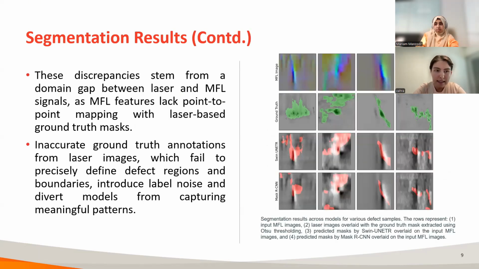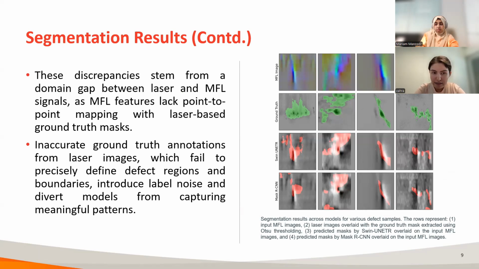Here in the figure, the first row is the three-channel MFL image, and the second row is the laser one, and the mask which is extracted based on auto thresholding is overlaid on the laser one. The predictions of two models, Swin U-Net R and Mask R-CNN, are shown in the figure. As you see, we have some discrepancies that come from a domain gap between laser and MFL signals.